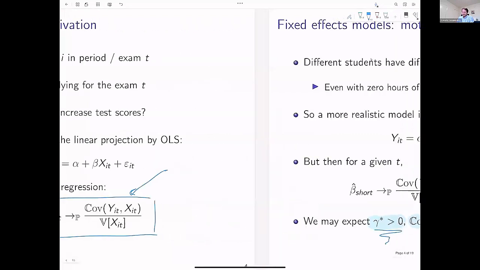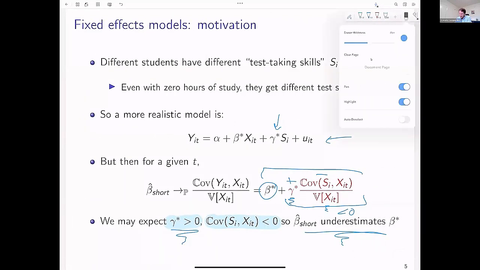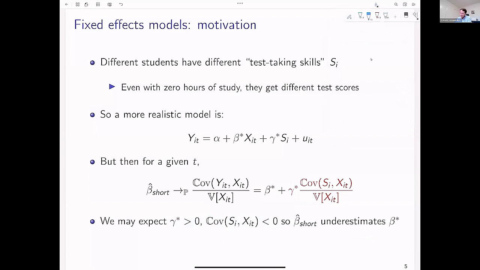Not really, right? Because we may think that actually the short regression is failing to account for other differences in students, for example, the one measured by test-taking skills. So if you fail to account for these differences, what you estimate with the short regression is not the effect of hours of study, but the effect of hours of study plus a measure of the association between hours of study and test-taking skills multiplied by the coefficient of this omitted variable.